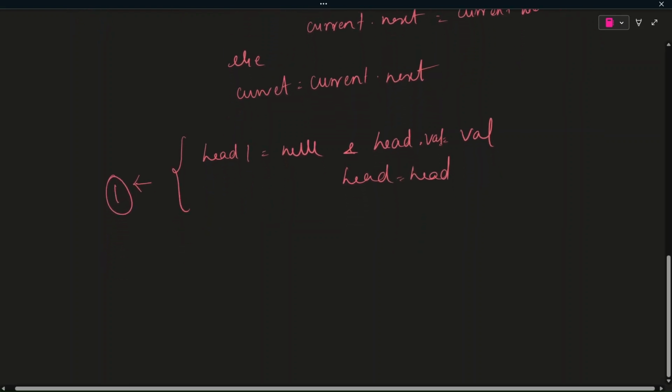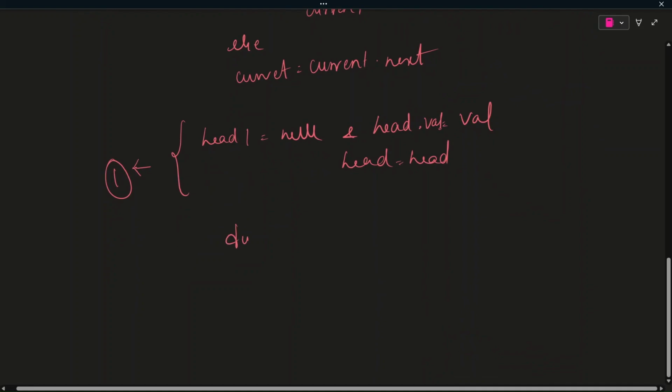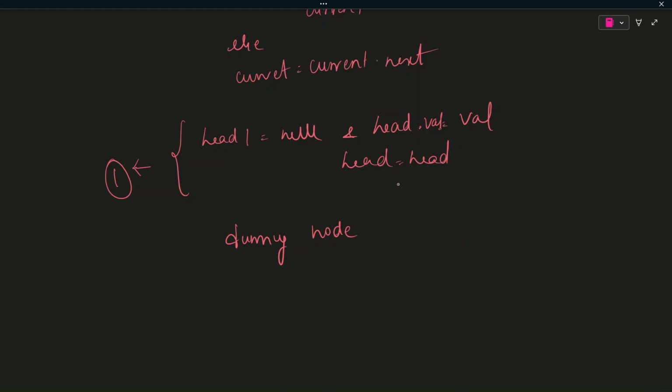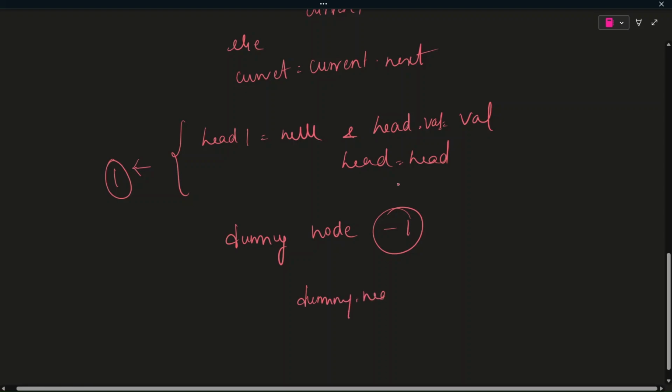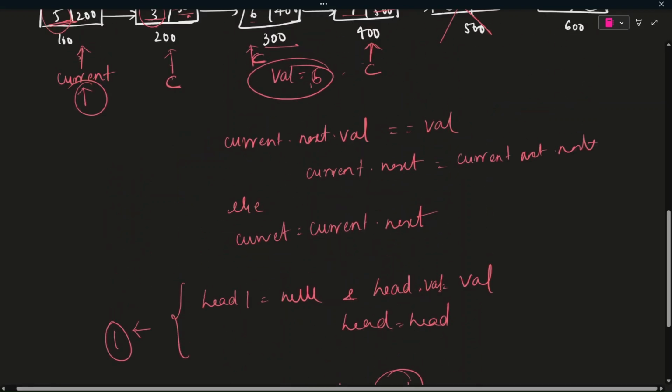Second way is you can take a dummy variable, dummy node. So dummy node initially will be -1, and for dummy dot next, I'll attach the head node. So now what will happen?